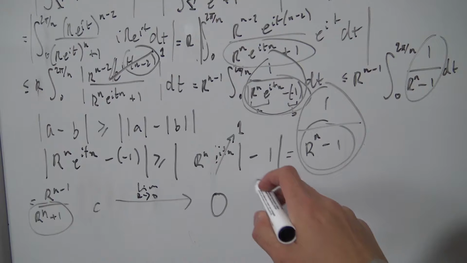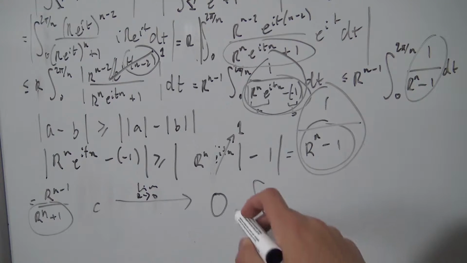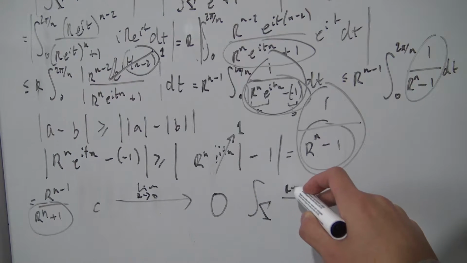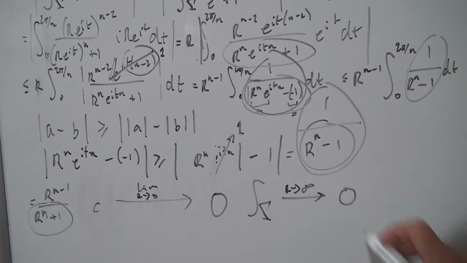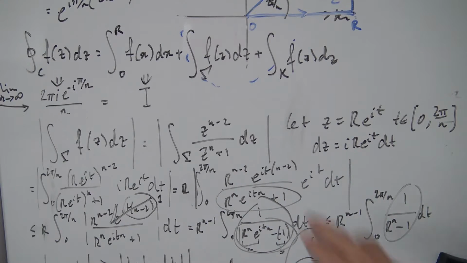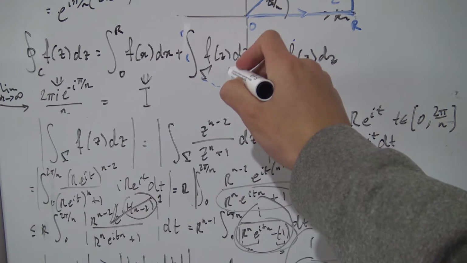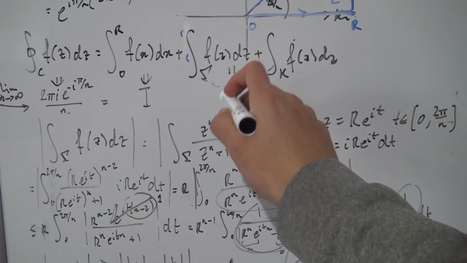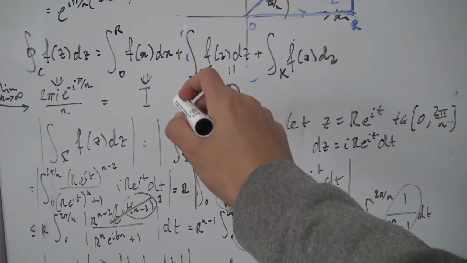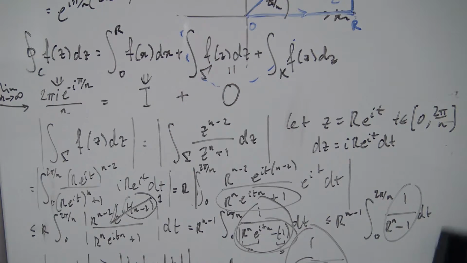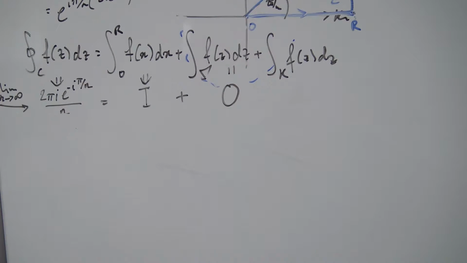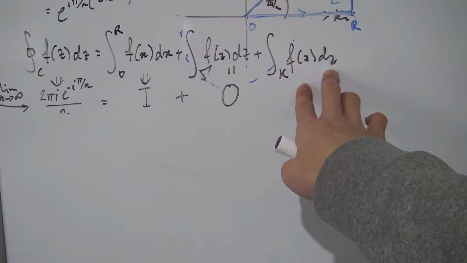So pretty much the integral over our gamma in the limit as r approaches infinity is going to be equal to 0. So now we can add that to our final expression. This integral over gamma is going to contribute absolutely nothing to our contour in the limit as r approaches infinity. Alright, so the final integral to evaluate is the integral over kappa.